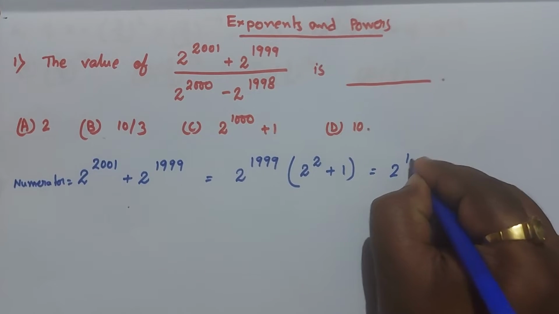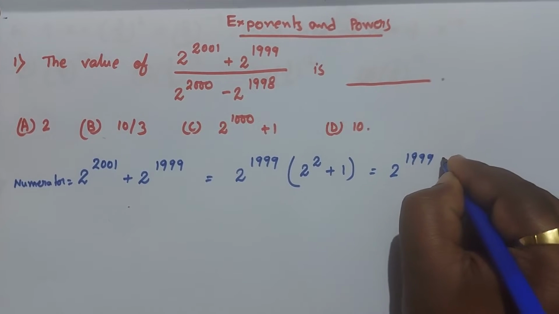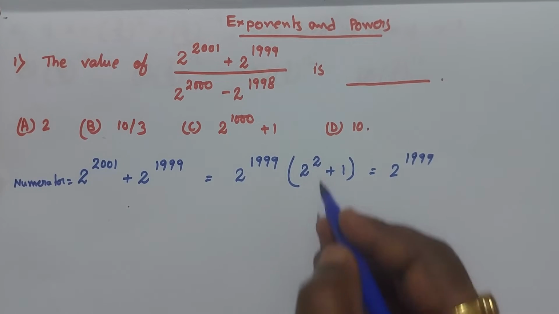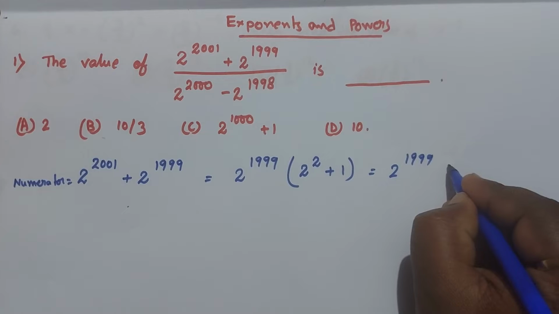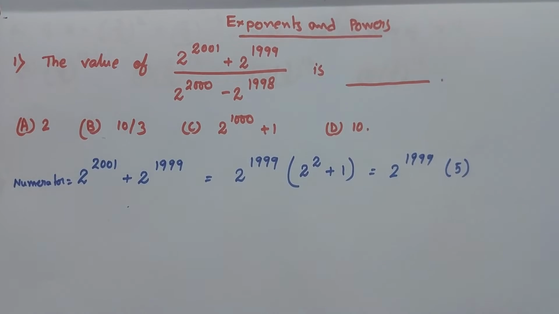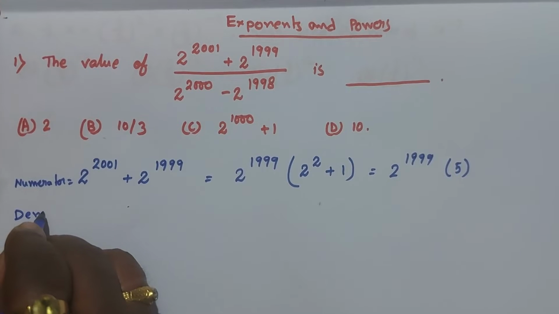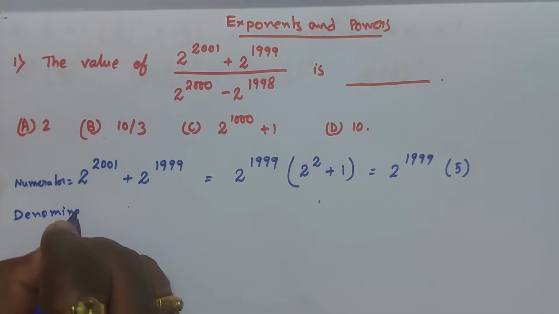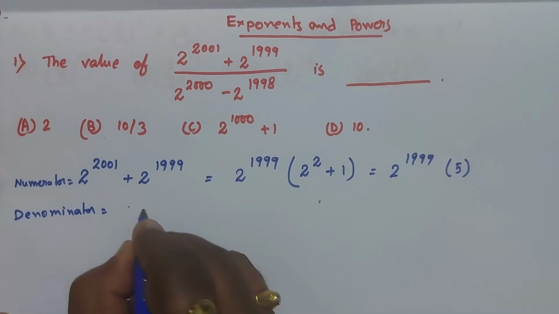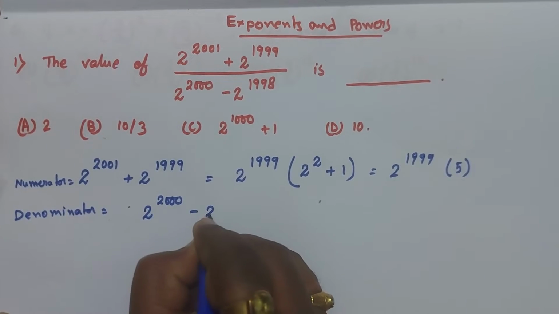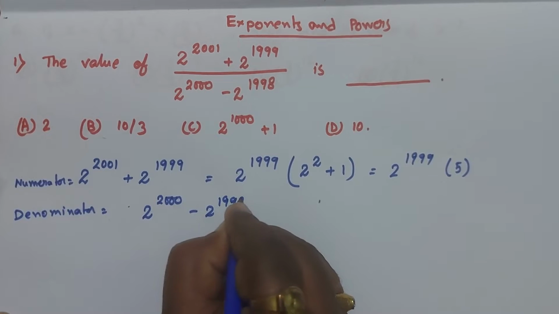So this is equal to 2 to the power 1999 into, now 2 square is 4 plus 1, 5. Okay, so in bracket I am writing 5. Now the denominator. So the denominator is equal to 2 to the power 2000 minus 2 to the power 1998.